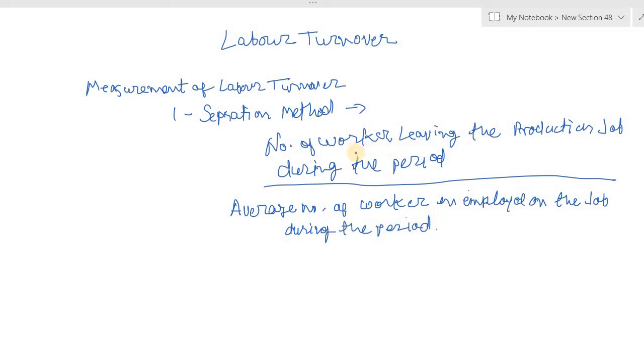Okay, this is a ratio of leaving workers and total or average workers in the job during the period.